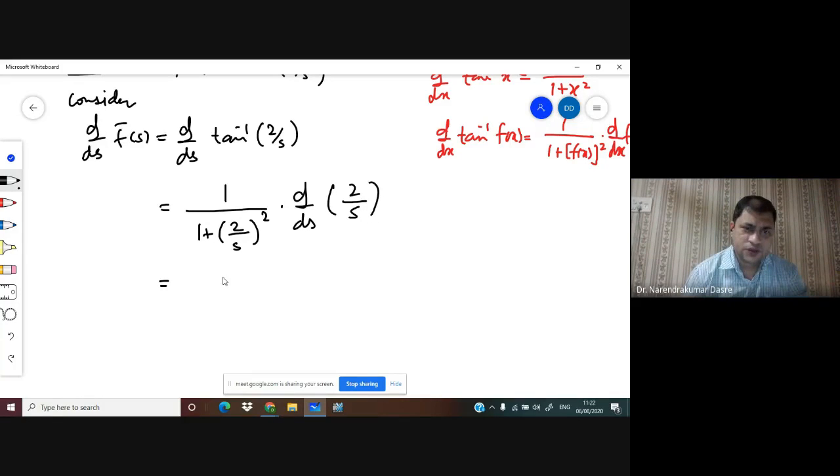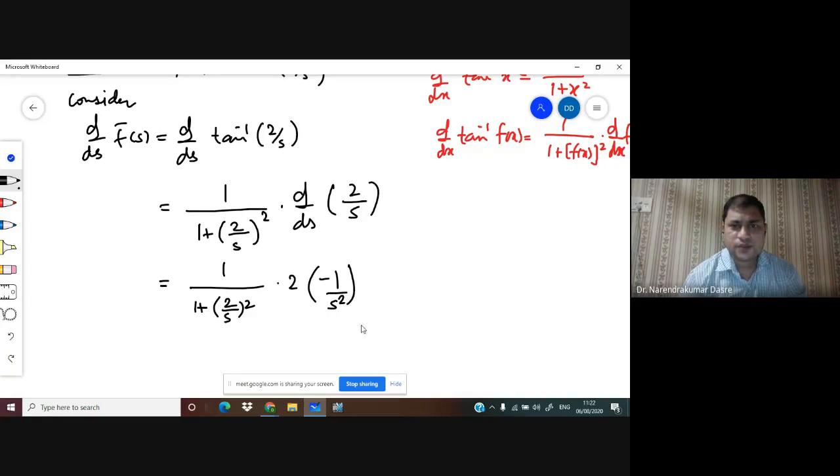So this is equal to 1 upon 1 plus 2 by s bracket square into 2, which remains as it is. The derivative of 1 upon s is minus 1 by s square. So this is equal to 1 upon 1 plus 4 by s square, and this term is minus 2 by s square.